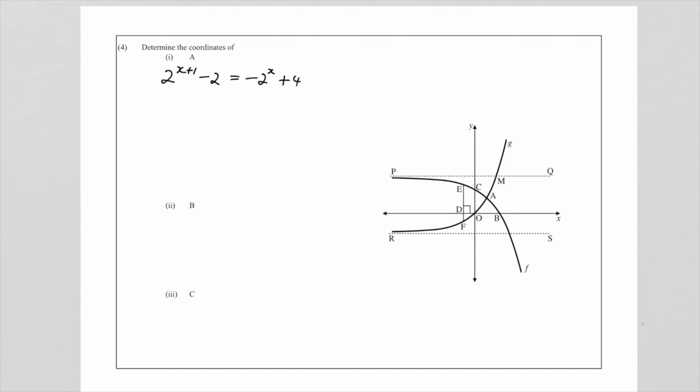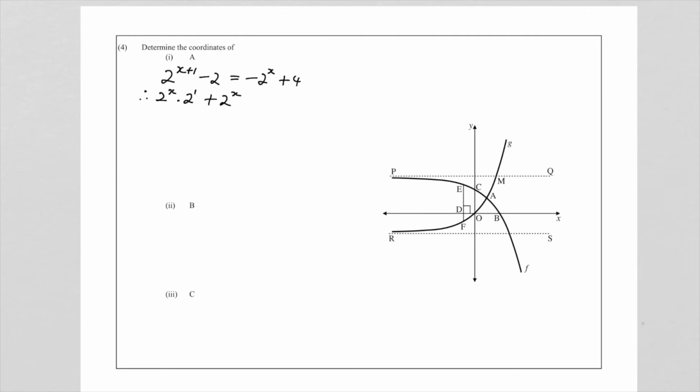And now we're going to simplify this. We want all the variables on the left-hand side, all the constants on the right-hand side. So we're going to say that this is 2 to the x times 2 to the 1, if I split this up. And then I'm going to say plus 2 to the x.